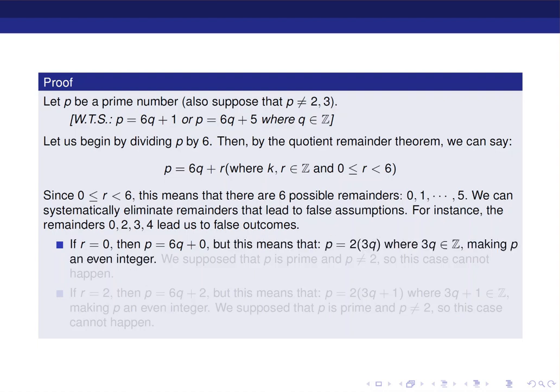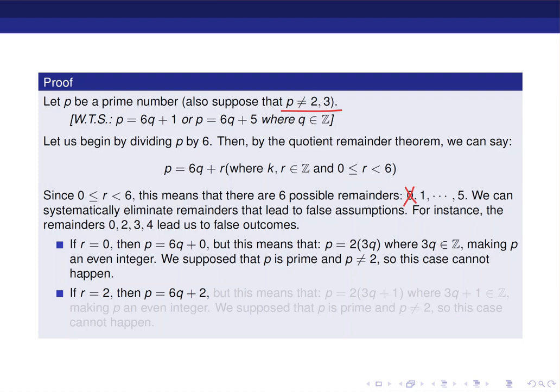But this means that the prime number can be written as 2 times 3q. Remember, the 6 is 2 times 3, so I'm breaking it down into 2 times 3, which now means that the prime number is an even integer. But remember, the only prime number that is even is the number 2, and we had said the prime that we're choosing is not 2. So this case cannot happen. The remainder 0 is automatically eliminated.